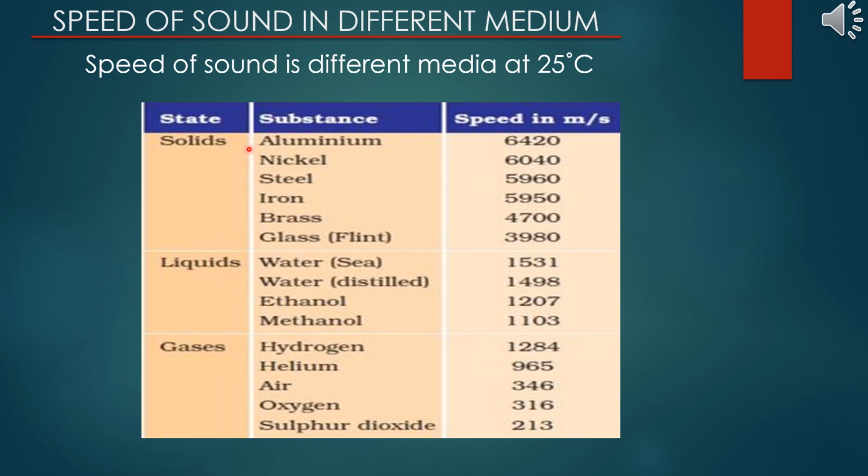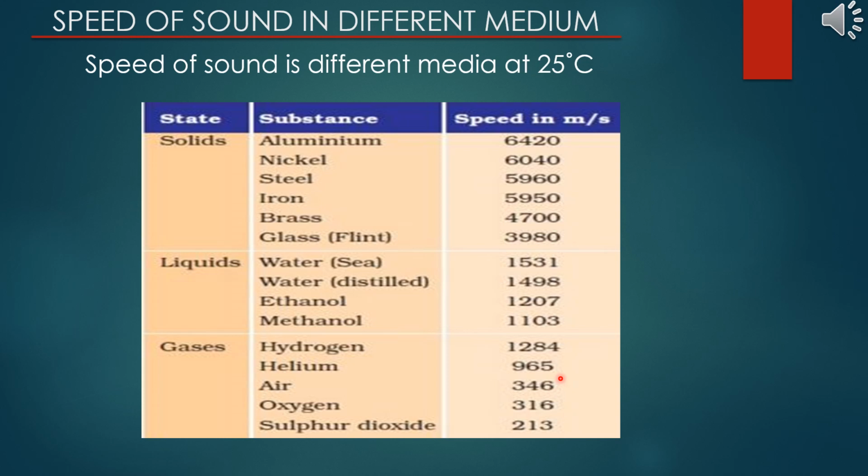In solid state, aluminum has the most speed, that is 6420 meters per second. The sound travels 6420 meters in 1 second in aluminum. Similarly, in liquids, water, especially seawater, the speed of sound is 1531 meters per second. As well as in gases, in hydrogen it is 1284 meters per second, whereas in air it is 346 meters per second.